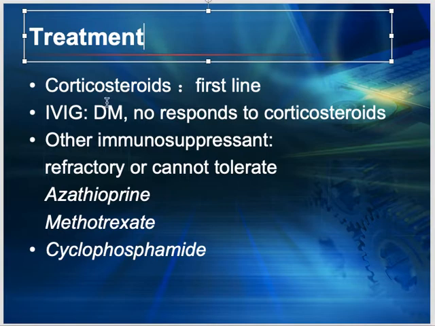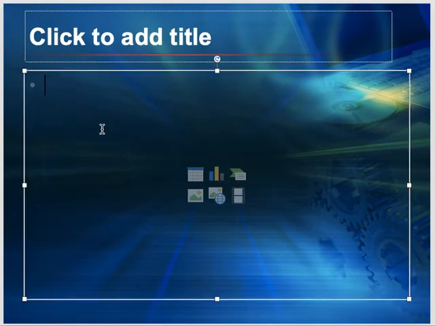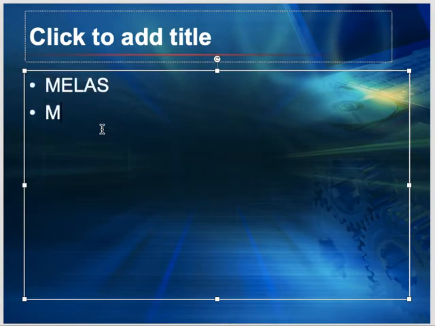Mitochondrial muscle problems can be there. Just to mention this, I will name two things: one is called MELAS and one is called MERRF. So what is MELAS?